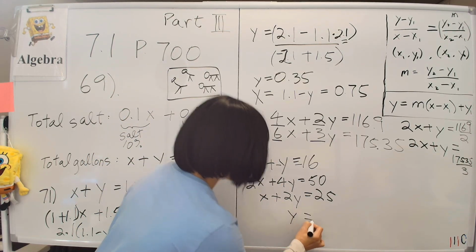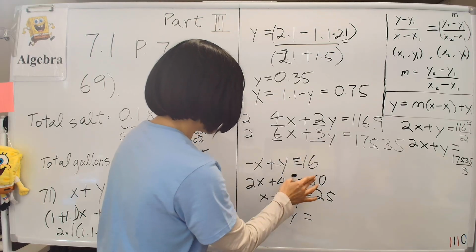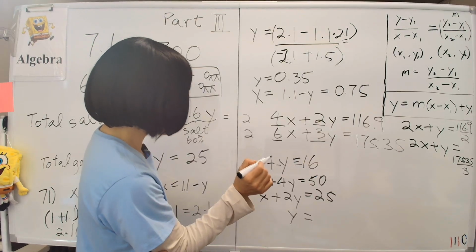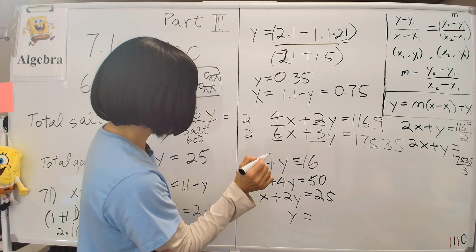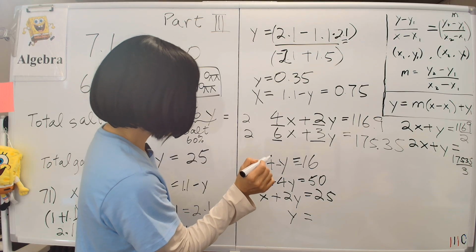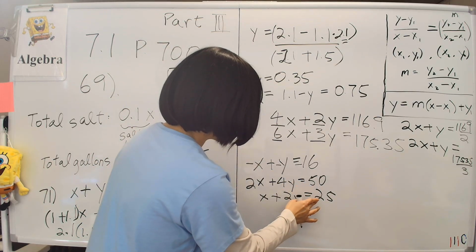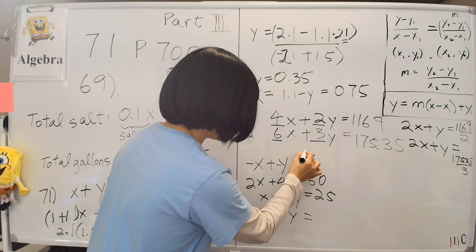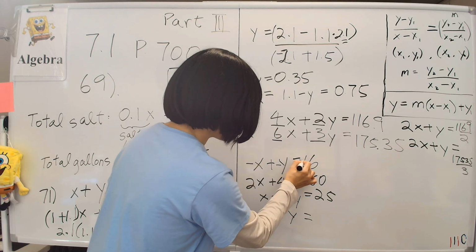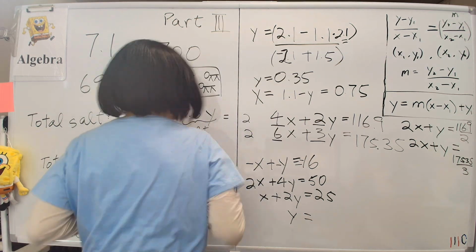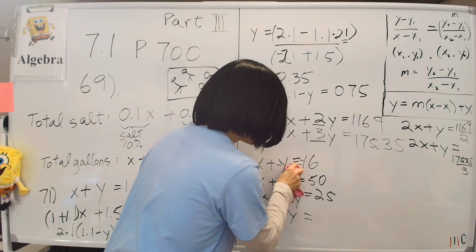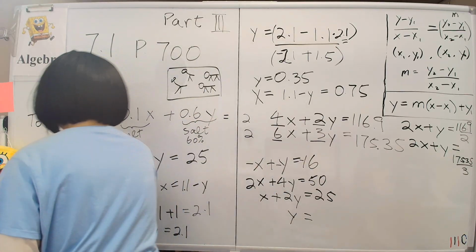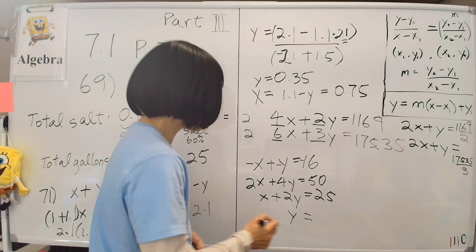And then 25 plus 16 is, wait, did I mess up? It's correct, never mind. There's a minus sign here. The minus sign is written in the wrong spot. Let me fix it, because that makes it too many lines. Minus 16. So 25 minus 16, that's 9.